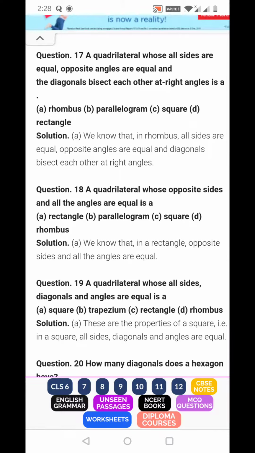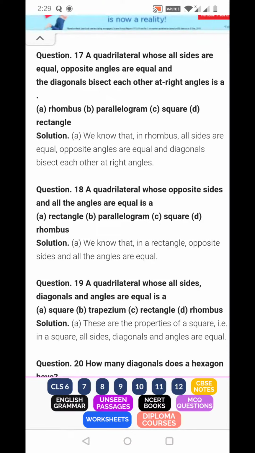Here it is saying that you have a quadrilateral whose all sides are equal. Just consider a quadrilateral having all its sides equal, opposite angles equal, and the diagonals bisecting each other at right angles. So what are the properties of the quadrilateral given? All sides are equal, opposite angles are equal, and diagonals bisect each other at right angles.